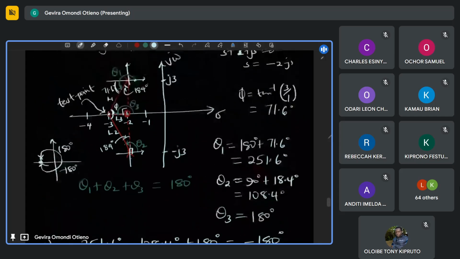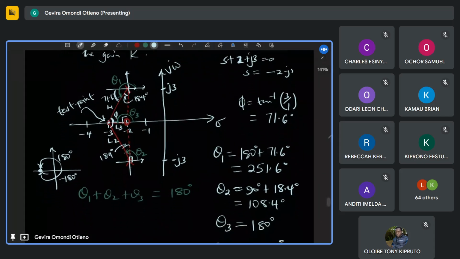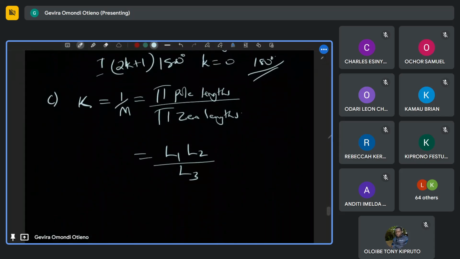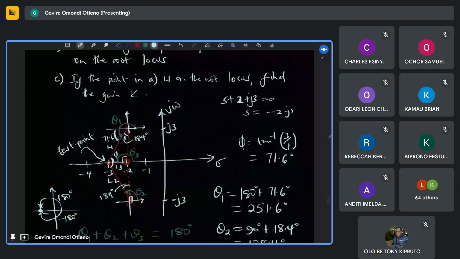L1 is the square root of 3 squared plus 1 squared, which is root 10. L2 is the same thing because that's an isosceles triangle, so again you get root 10. And L3 is simply the length from the test point to the zero, which is just 1 unit.